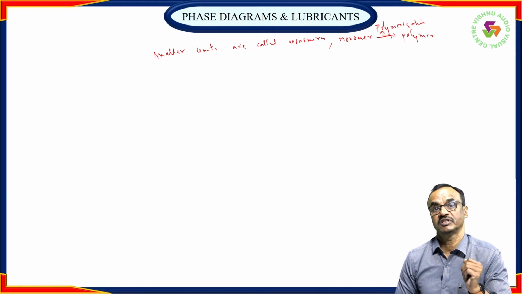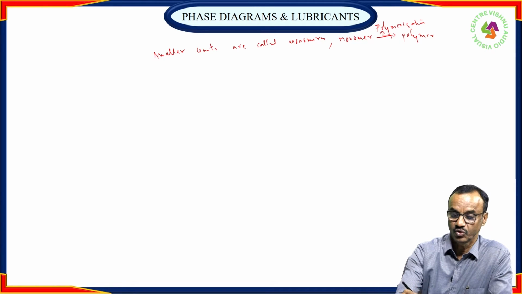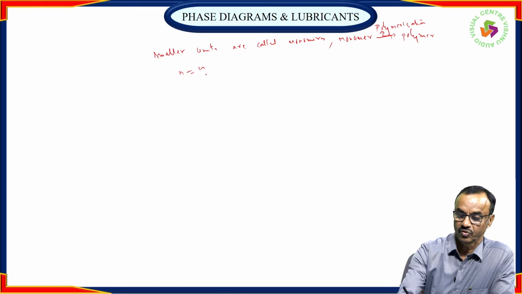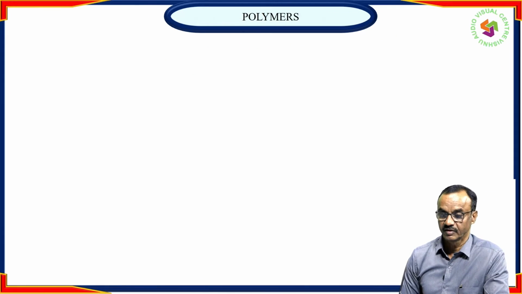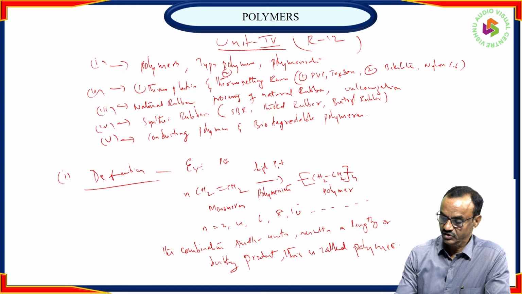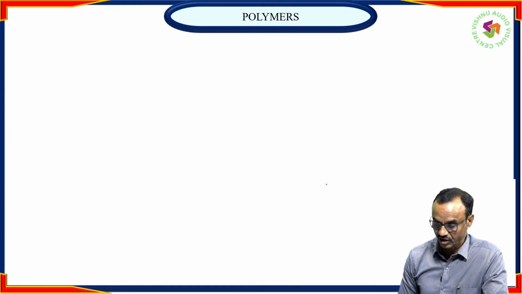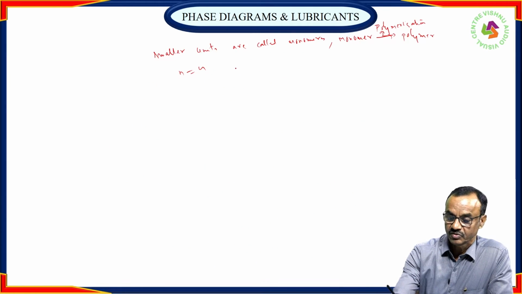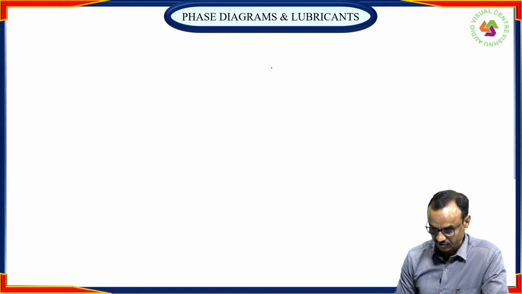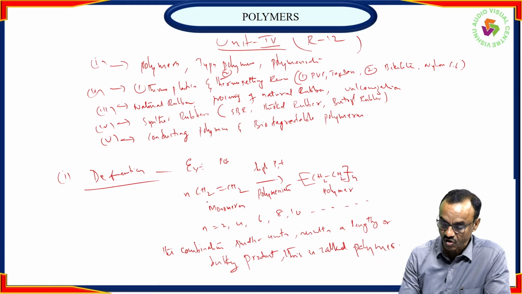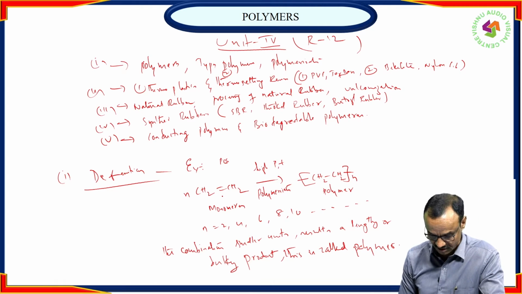The repeated units in a polymeric chain: suppose N is equal to 4 in the polymeric chain. Each unit consists of how many carbons? 2 carbons are there.